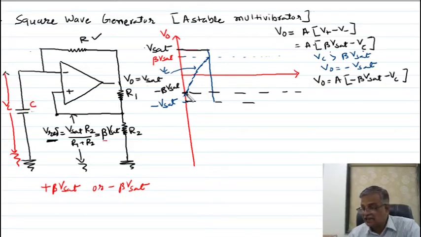Initially it is charging from minus beta V set toward V set, at t equal to 0. At t equal to 0, what is the voltage? Minus beta V set.